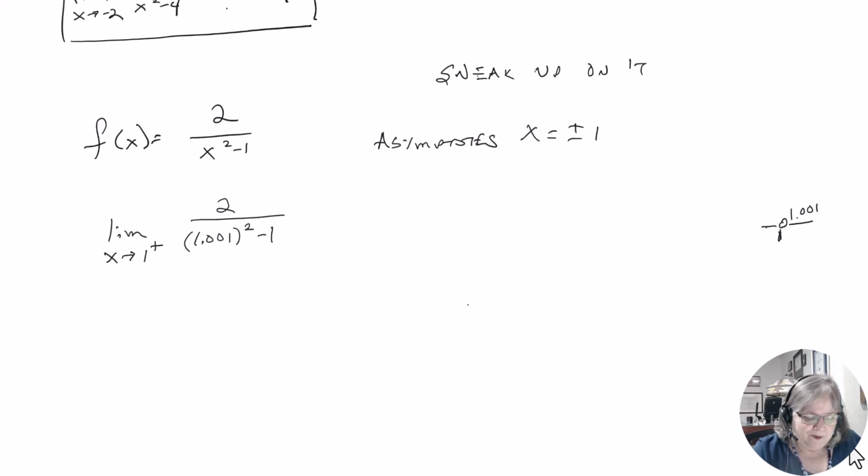Now, would you grant me that 1.001 squared is just a little bit over 1, and then you subtract 1 from it, it's going to be pretty small. So what this turns out to be, and we don't actually need the limit once we put the number in, it actually computes to something like 0.002001.